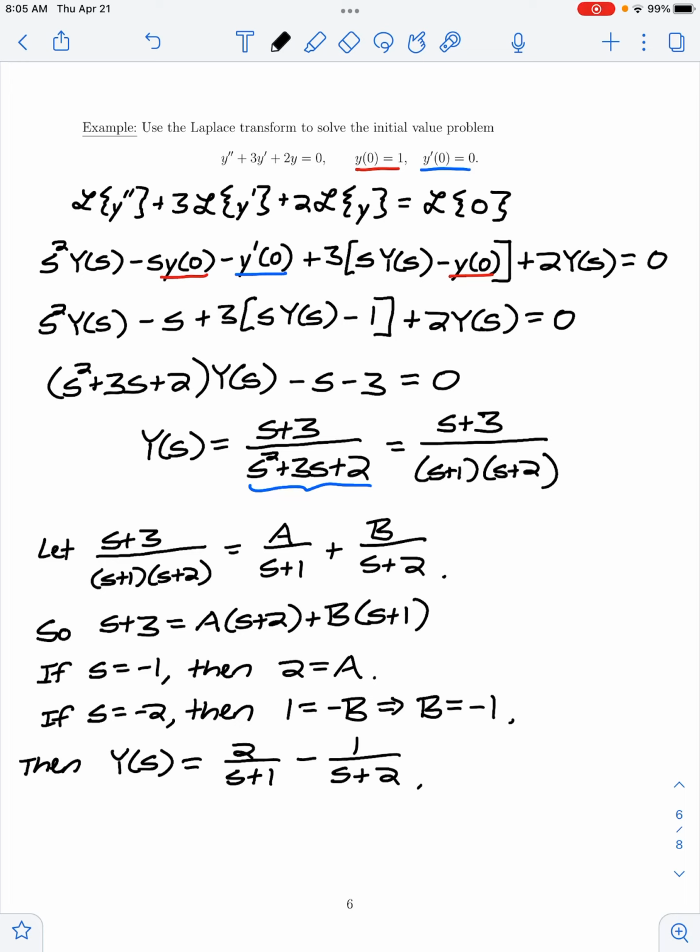And so for my solution of this initial value problem, little y of t, I want to find the inverse transform of capital Y. And so I could find my inverse transform term by term as twice the inverse transform of 1 over (s + 1) minus the inverse transform of 1 over (s + 2).